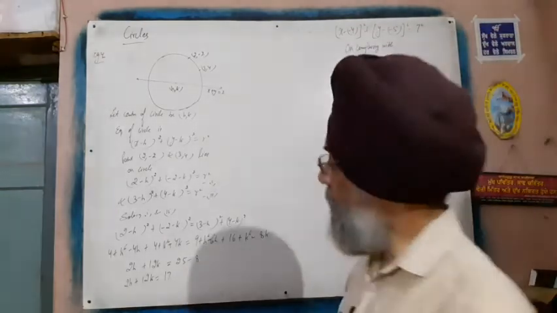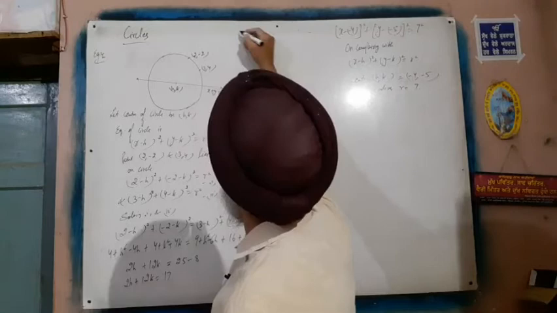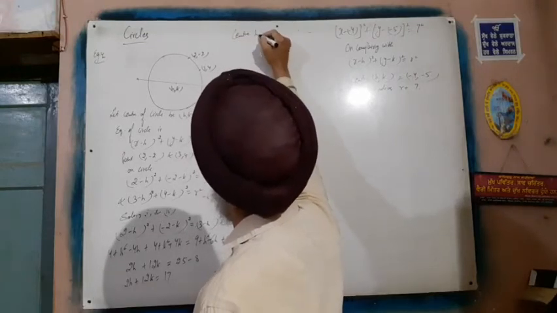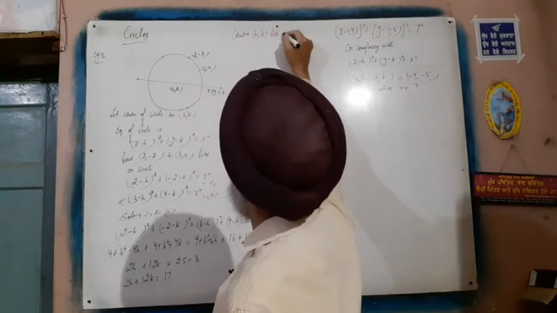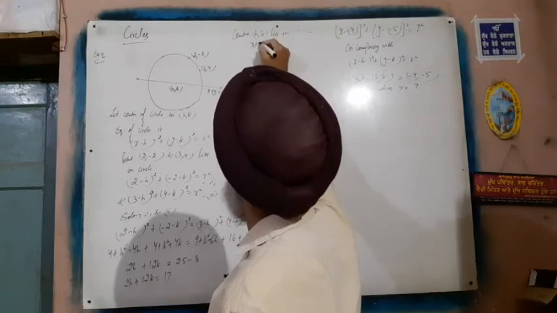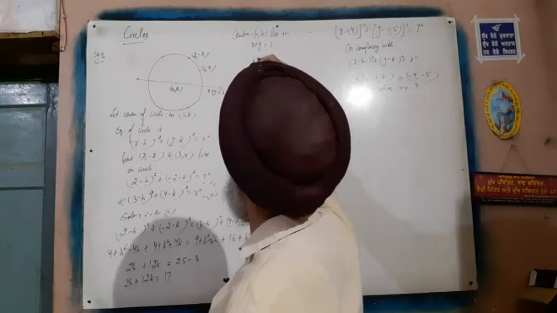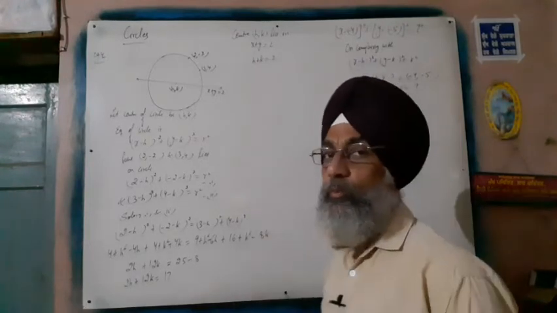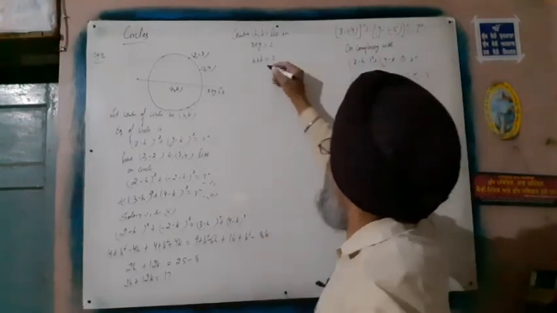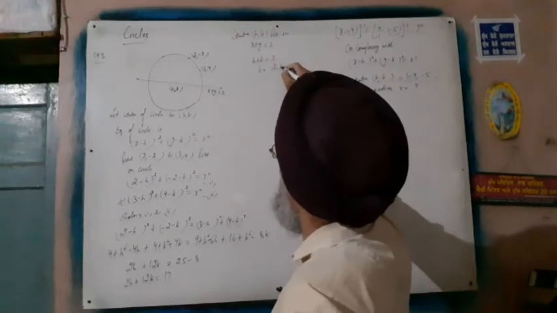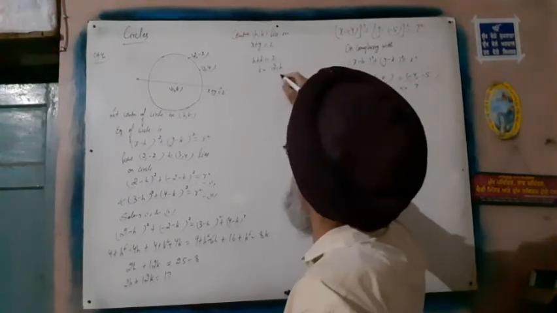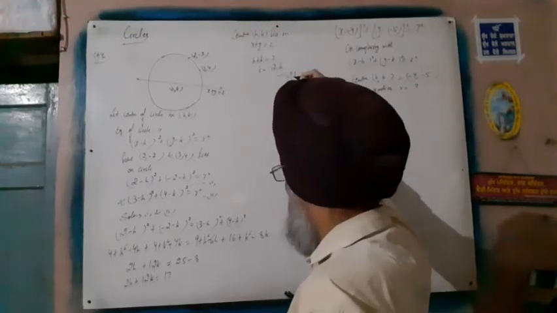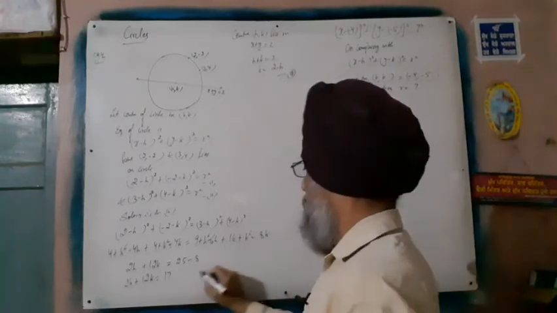Now also center h k lies on x plus y is equal to 2, therefore h plus k is equal to 2, or you can take k is equal to 2 minus h. This is the fourth equation, this one is the third equation.